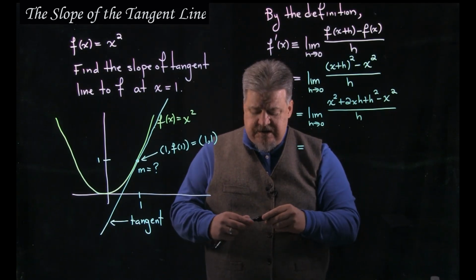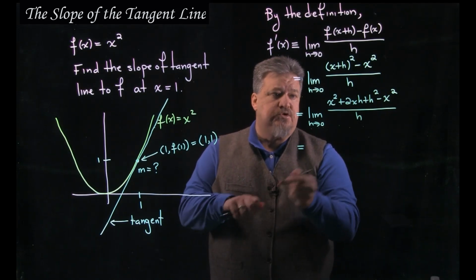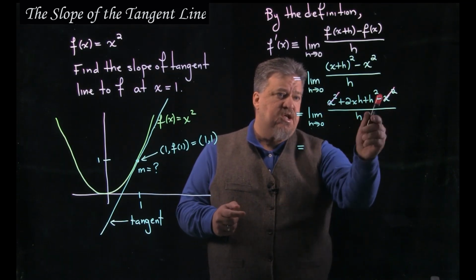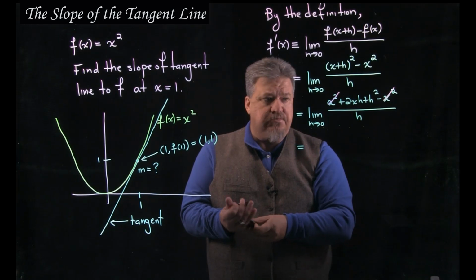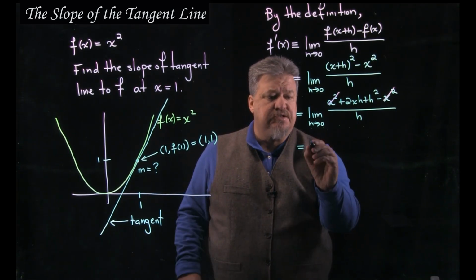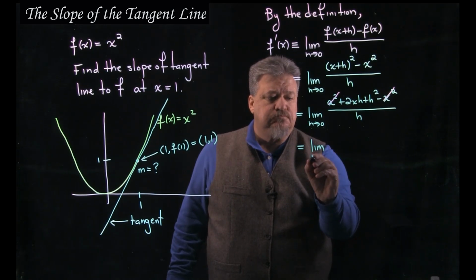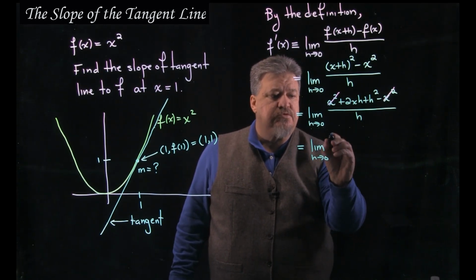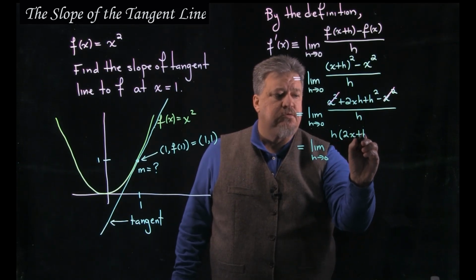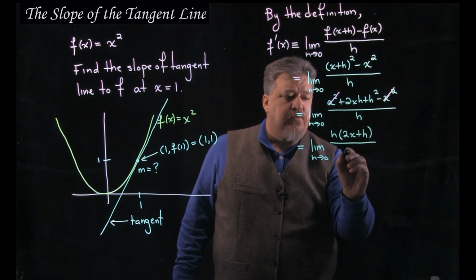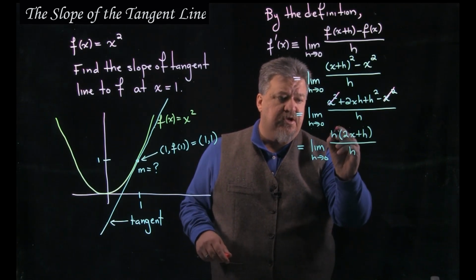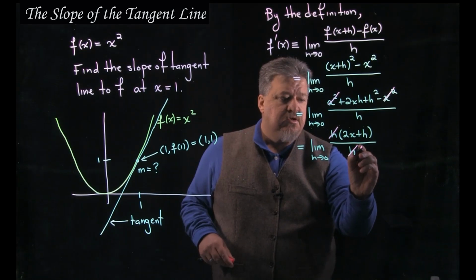Okay, so here we can subtract out the x squareds. And now we see there's an h in every term remaining. I'm going to factor that out to prepare for the cancellation on the next step. And we'll again use our famous theorem of functions that agree at all but one point for limits, which means we can cancel those terms in the limit.